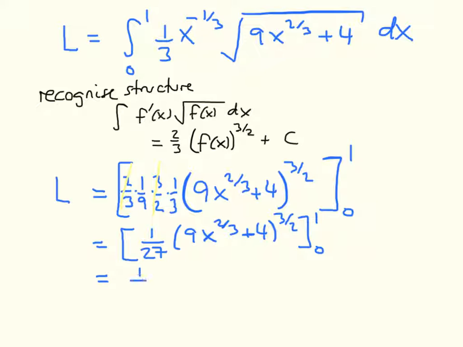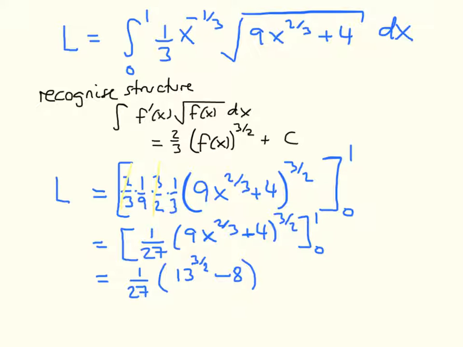So 1 over 27 is a common factor. When x is equal to 1, at the top limit here we have 9 plus 4, and that is 13, to the 3/2, minus, and then we put x is 0 into here, that vanishes, and we have 4 to the 3/2. 4 to the 3/2 is 2 cubed, and 2 cubed is 8.